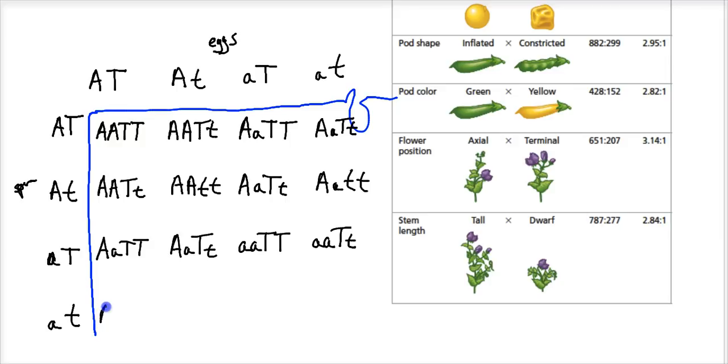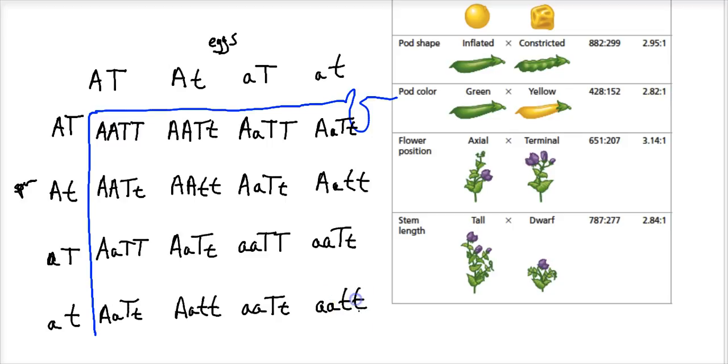At this point, I hope you can get what I'm doing. A, little a, T, little t, big A, little a, 2 little t's, 2 little a's, recessive for the position of the flowers, big T, little t, and then recessive for both.